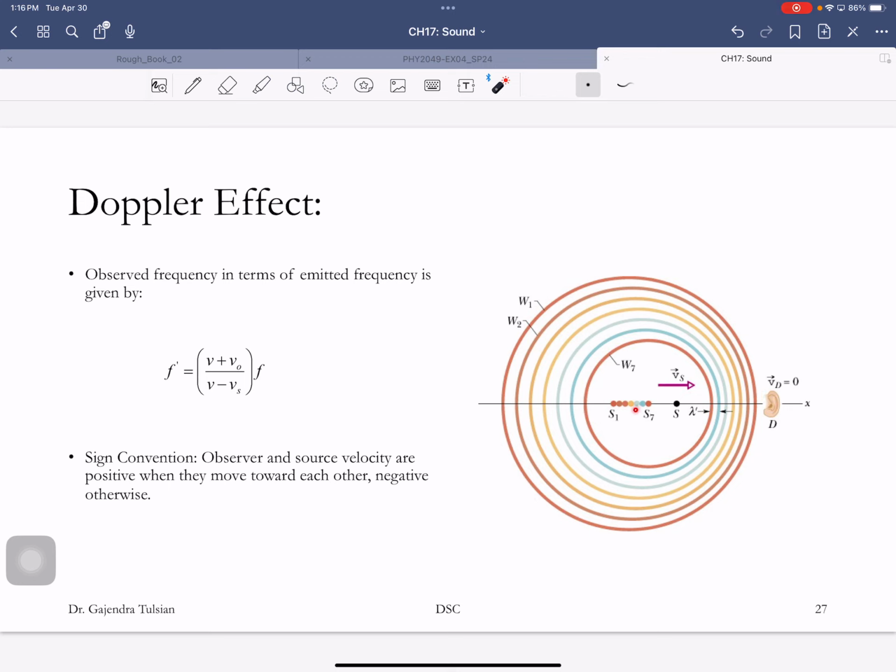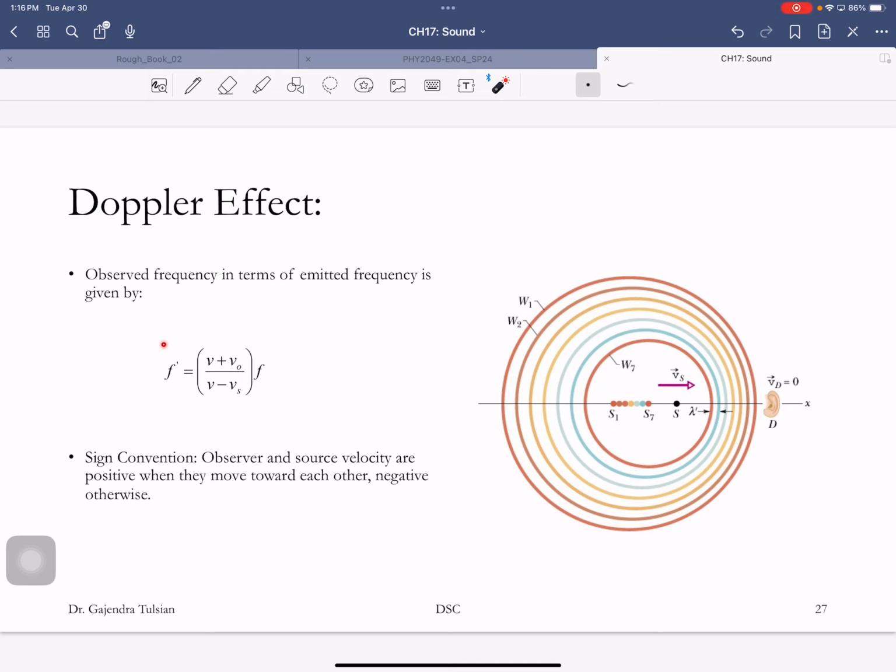So if the source is moving toward the observer, then Vs is positive. If the source is moving away from the observer, Vs is negative. If the observer is moving towards the source, V0 is positive. And if the observer is moving away from the source, V0 is negative. That's the sign convention. Okay?